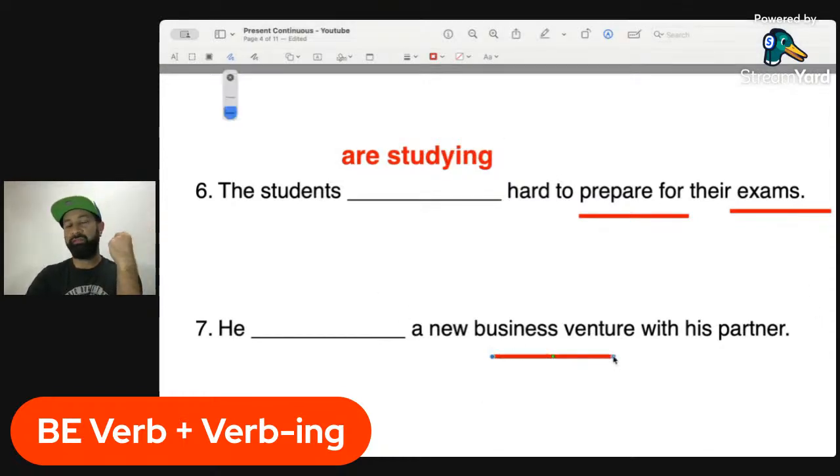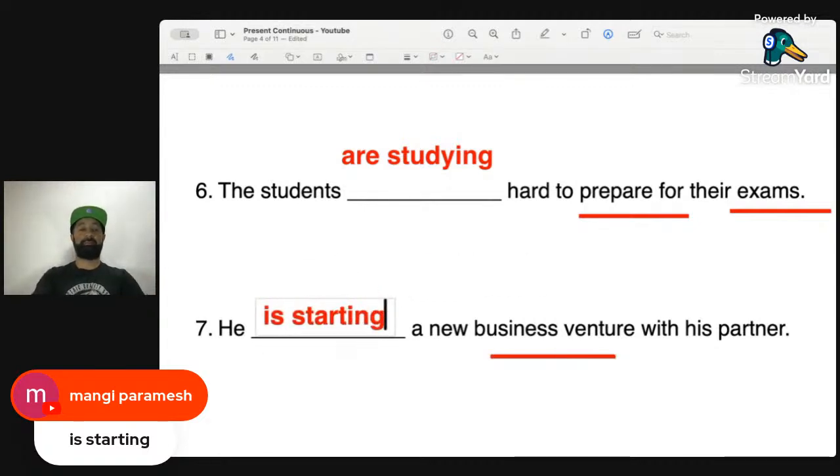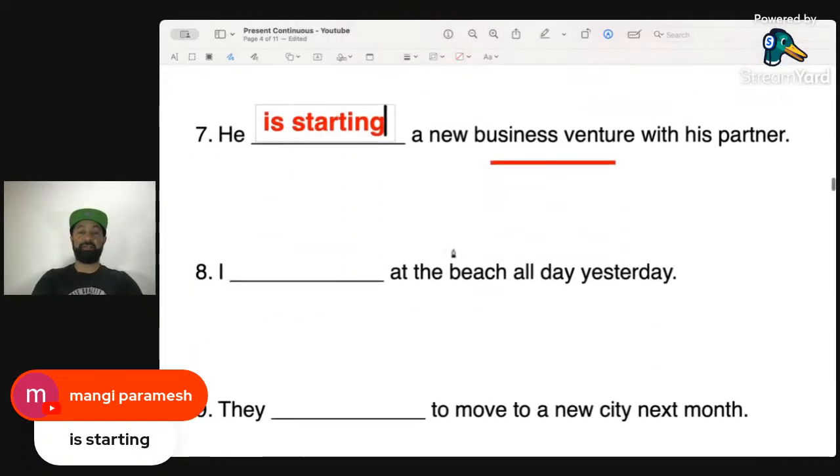So business venture, it means kind of like a new business, a new company, a new corporation, maybe a business project. So Paramesh, I like it. He is starting a new business venture with his partner. Perfect. Perfect. Excellent.